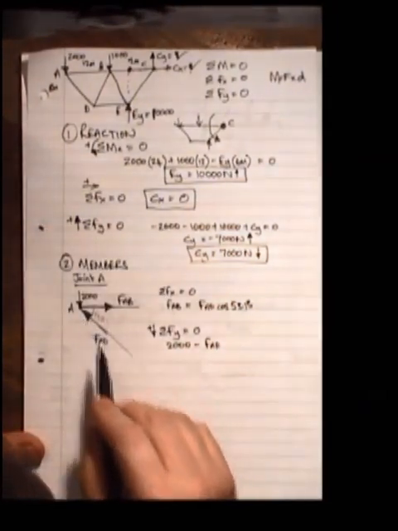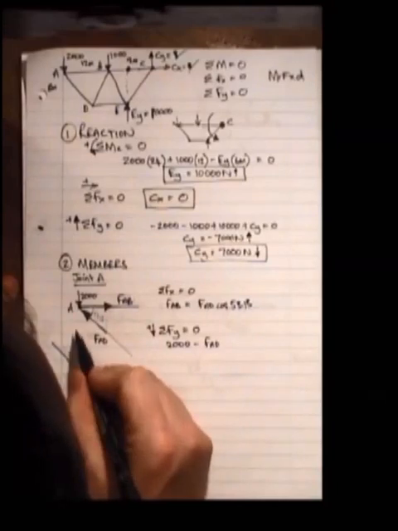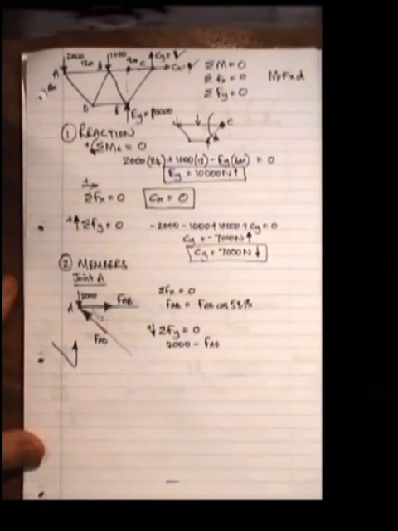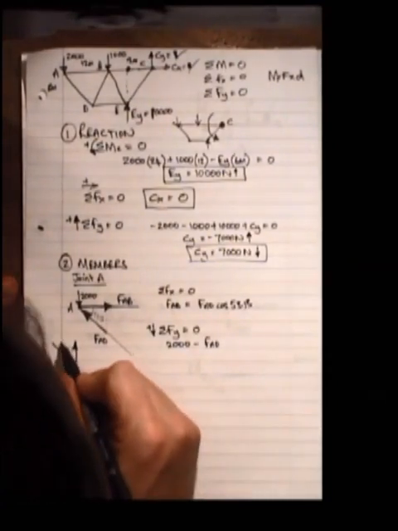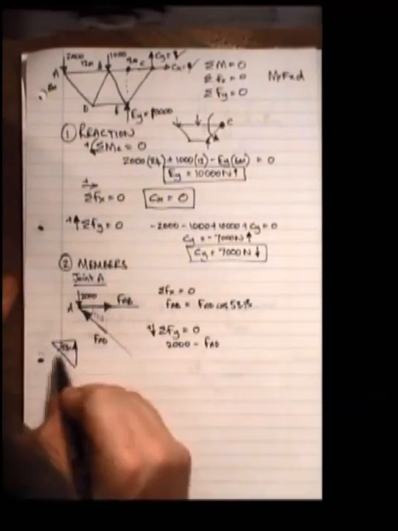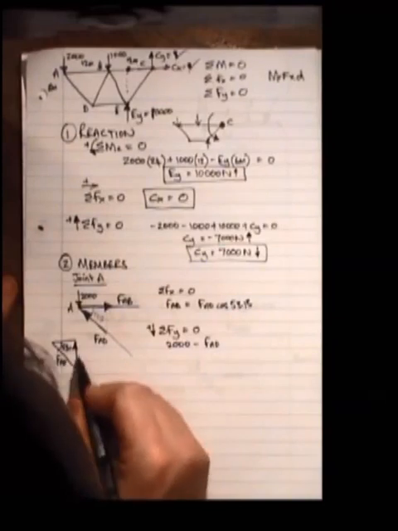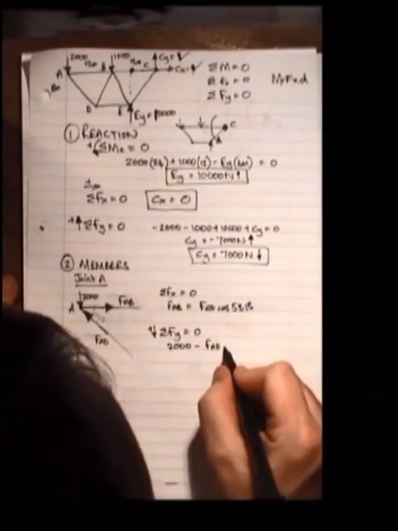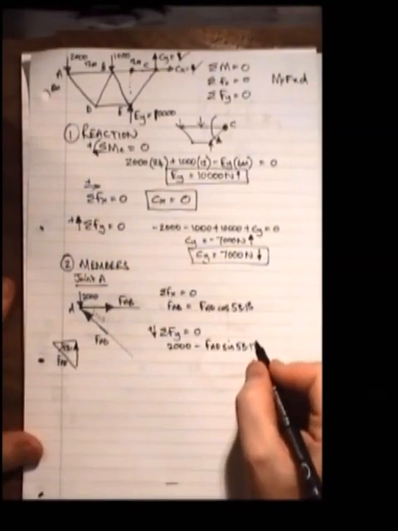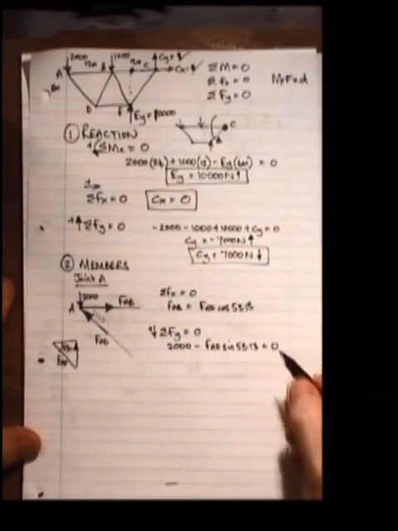And in terms of how much of this FAD is acting vertically, and again you've got this 53.13, so it's FAD, and it's opposite, so it's sine 53.13. That all equals 0.